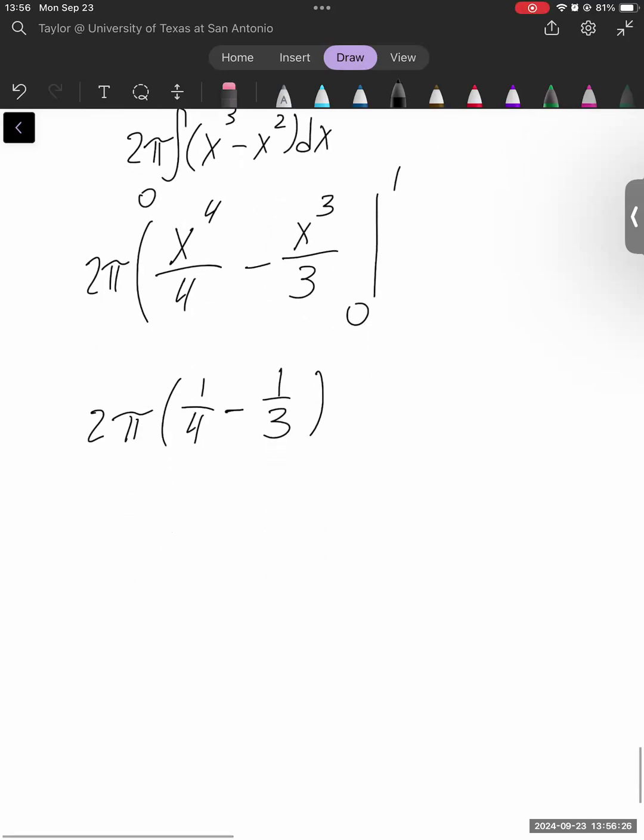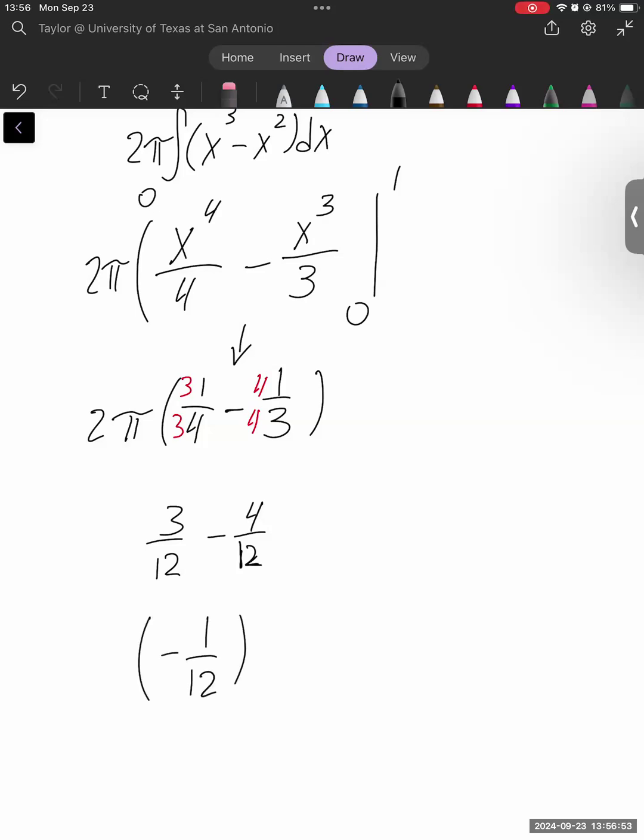Yes. Cool. And the last thing I want to do before I send in my 2 pi is find a common denominator and solve for this expression here. So I'm going to multiply this by 3, multiply this by 4 over 4. This gives me 3 over 12 minus 4 over 12, which gives me negative 1/12 times 2 pi.